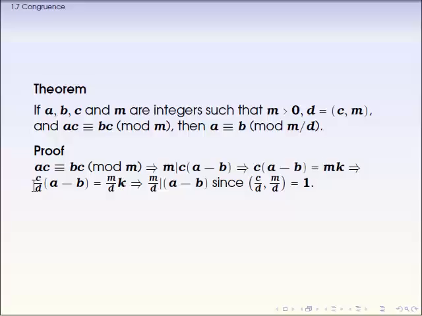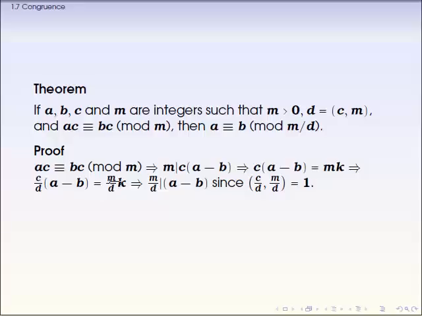Then one thing is clear: c over d is an integer because d is one of the divisors of c, and m over d is also an integer because d is a divisor of m. Then m over d is a divisor of this whole thing, c over d times (a minus b).